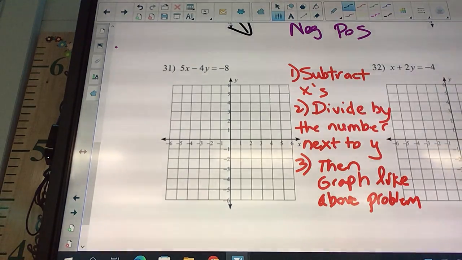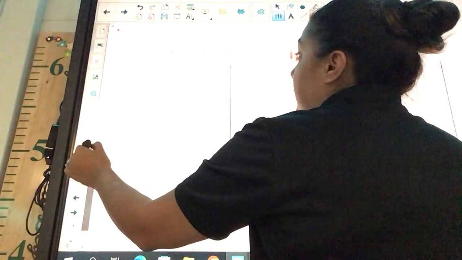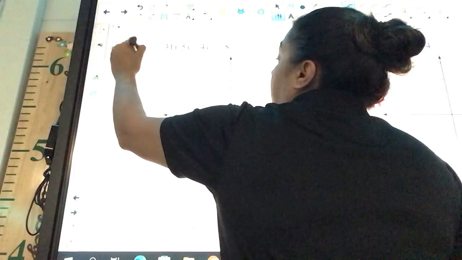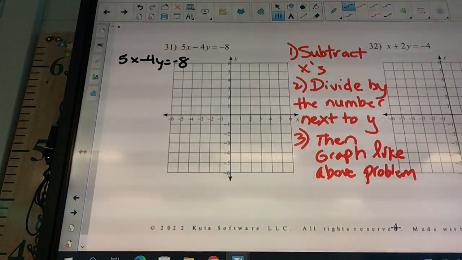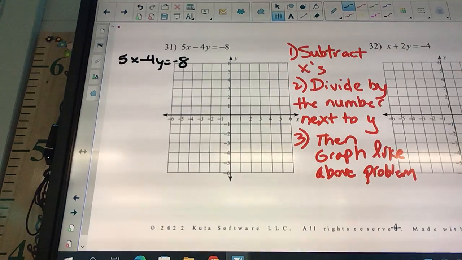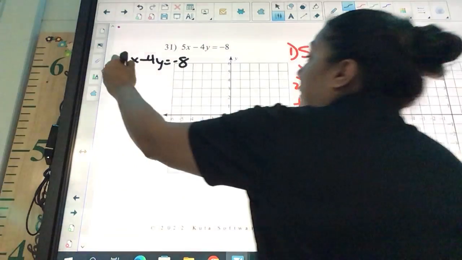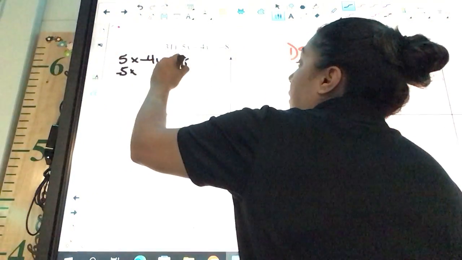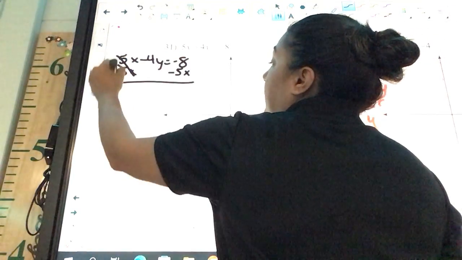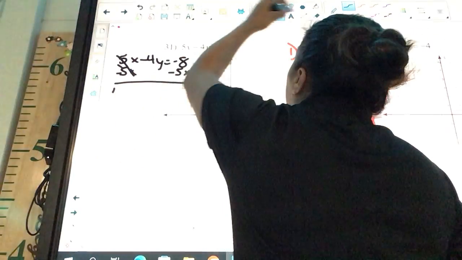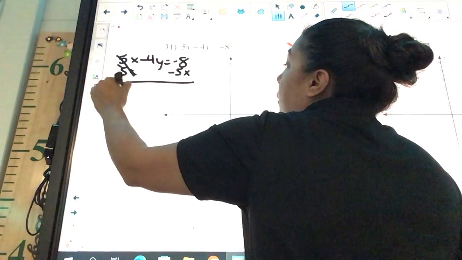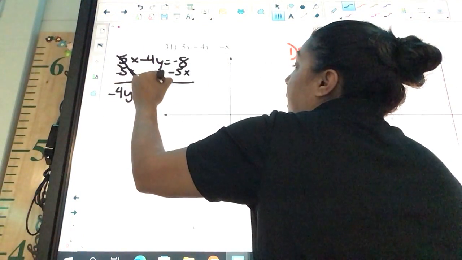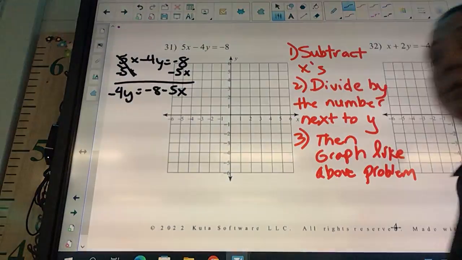Okay, so I got 5x minus 4y equals -8. We're going to subtract the x's, so you say minus 5x, minus 5x. So I got -4y equals -8 minus 5x.